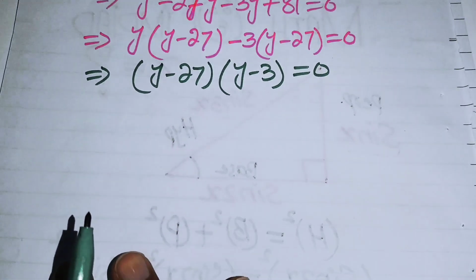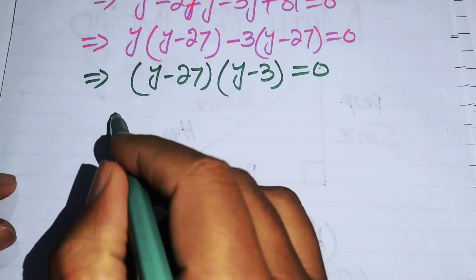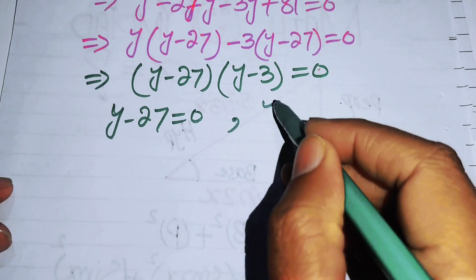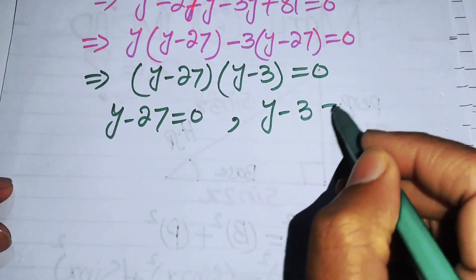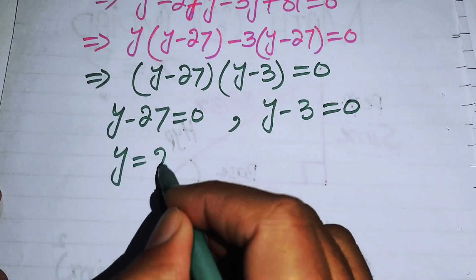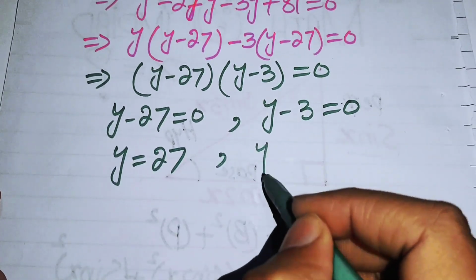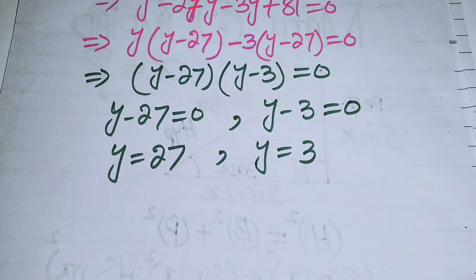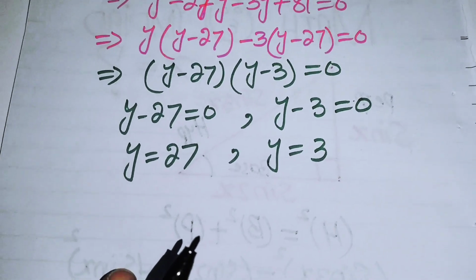So here we have two cases. The first case is y minus 27 equals 0, and the second case is y minus 3 equals 0. So you get y equals 27, and here you get y equals 3.